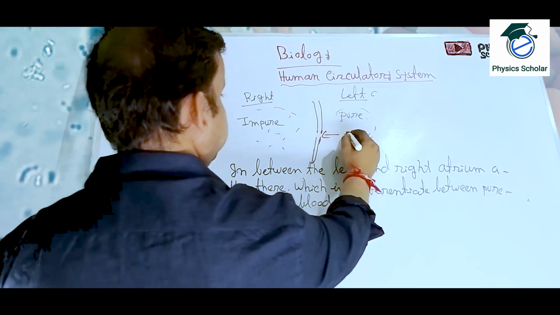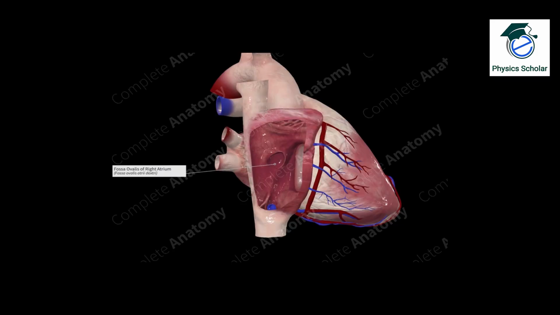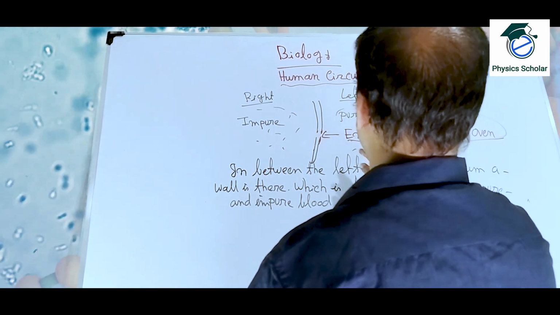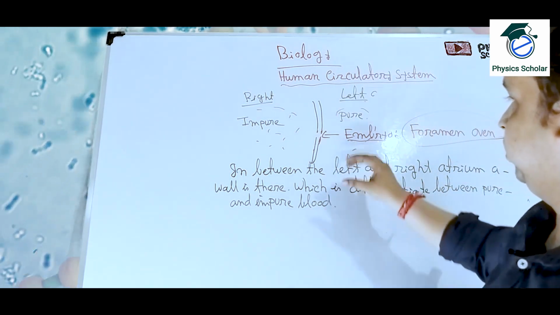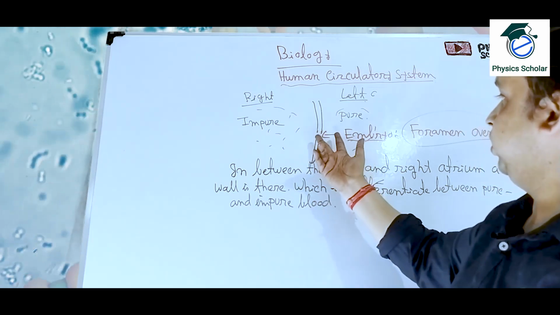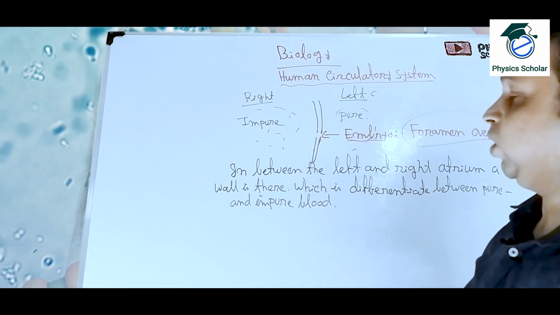These holes, in case of the embryo, are known as foramen ovale. Clear? There is a hole between the right and left atrium. So in case of the embryo, it is known as the foramen ovale.